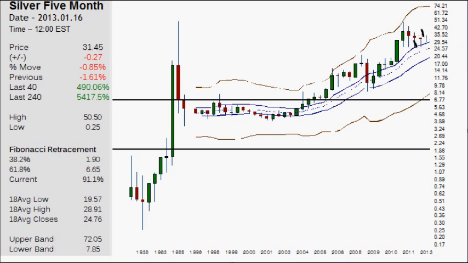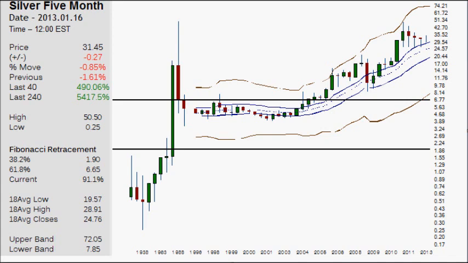Now, what I'm going to do later on in a video is compare this correction with previous corrections. There have been 3 that have occurred somewhat similar to this in the 21st century, and then 1 in the late 1970s.